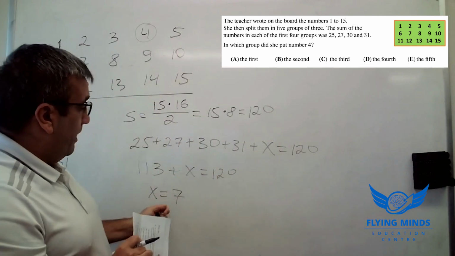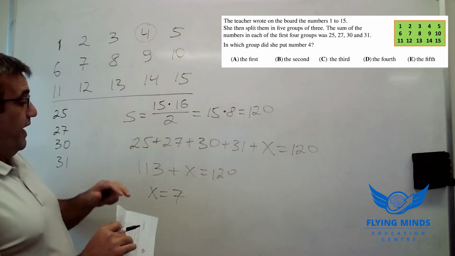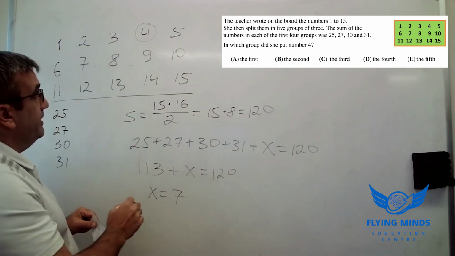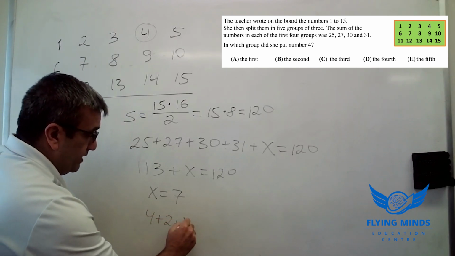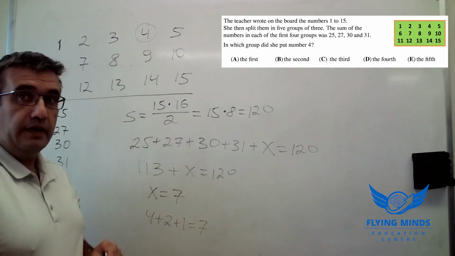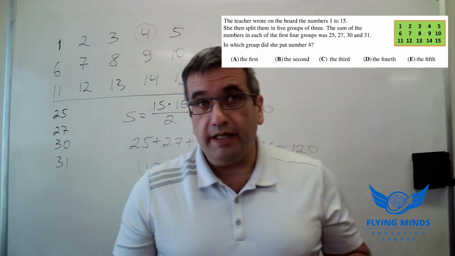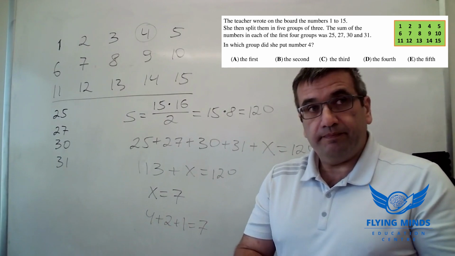So all numbers to make 7 must be less than 5, and the only option we have to get 7 is 4 plus 2 plus 1. Therefore, number 4 is in the 5th group.